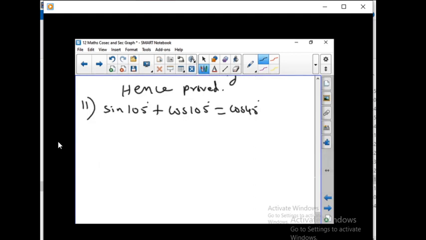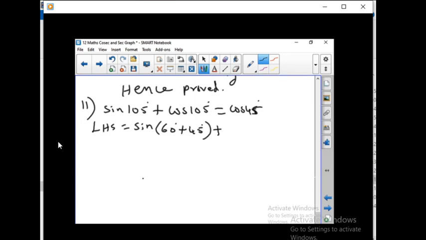So sin 105 can be written as sin 60 plus 45.